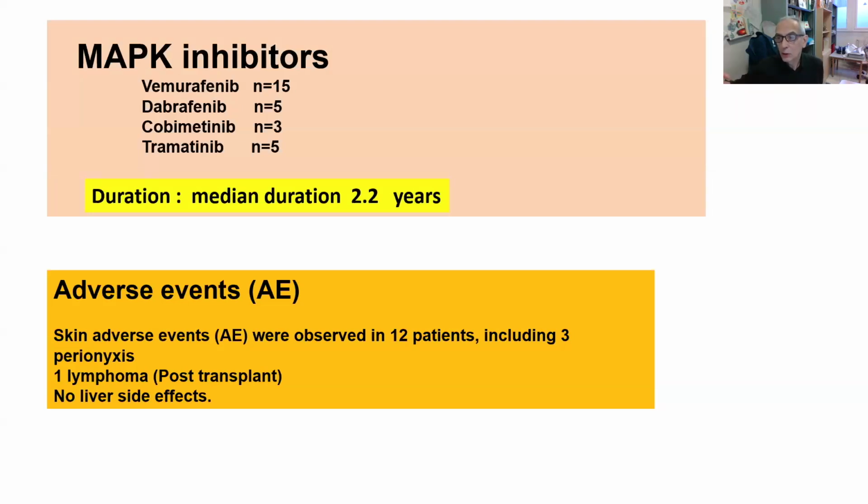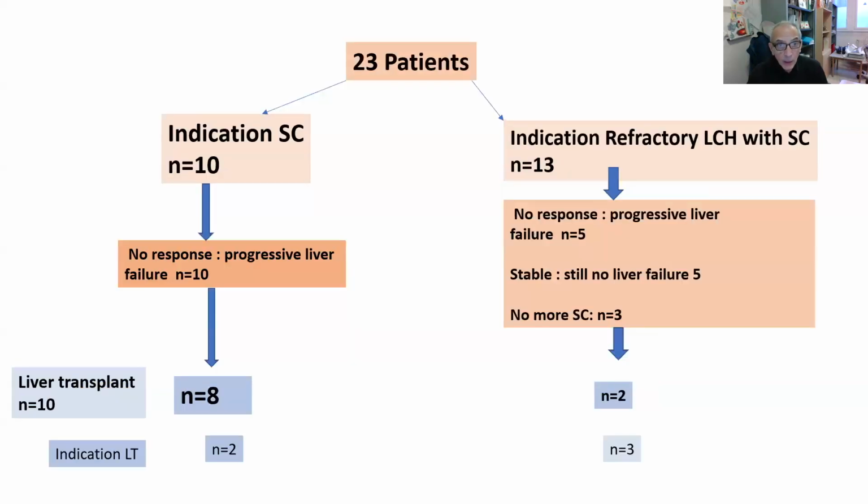It's more a progression of the disease despite the treatment. But clearly, we have no liver failure related to this therapy. We have observed mainly skin rash, and periungual inflammation with MEK inhibitor. One case had a lymphoma, but it was a post-transplant lymphoma.